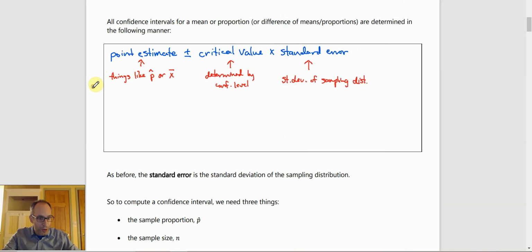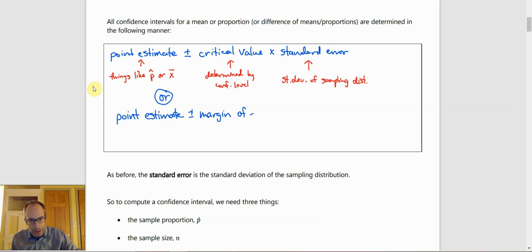They serve the same function, but the formulas look a little bit different. The other way of writing this is point estimate plus or minus the margin of error.